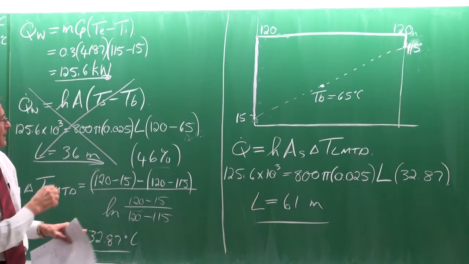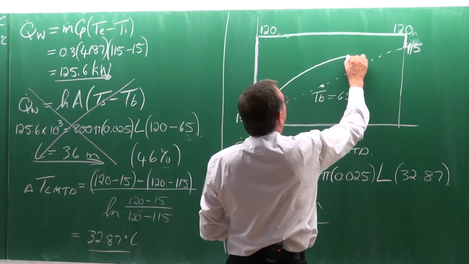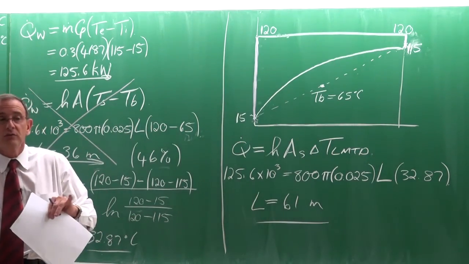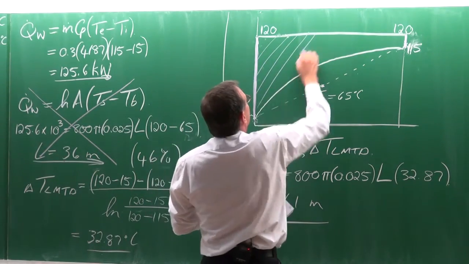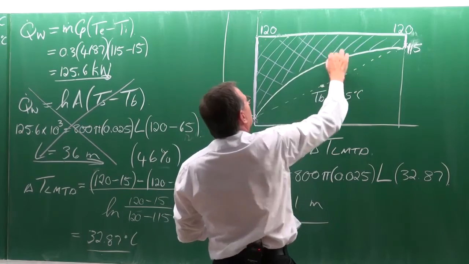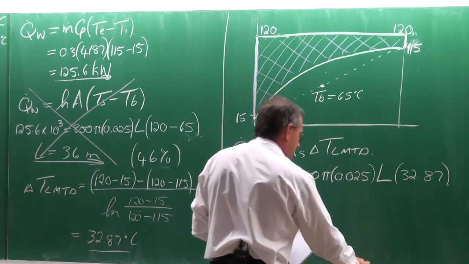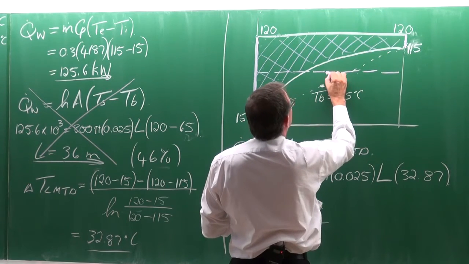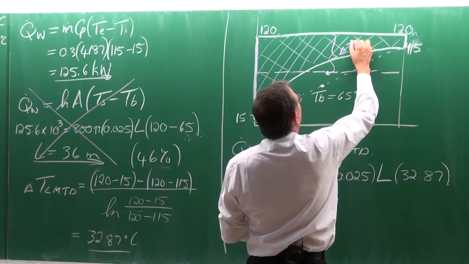Now the LMTD gives us, for this path, and we do not know the exact points, it would integrate this area there and get the average of it. And that average is, let's suppose, approximately there. That distance there is the LMTD.